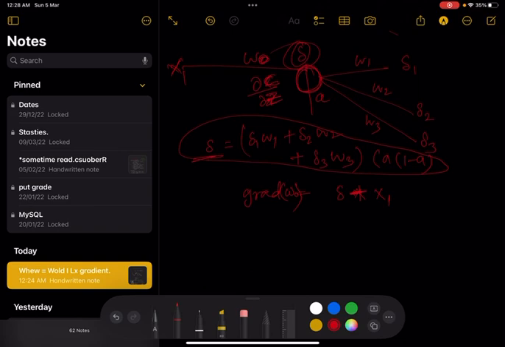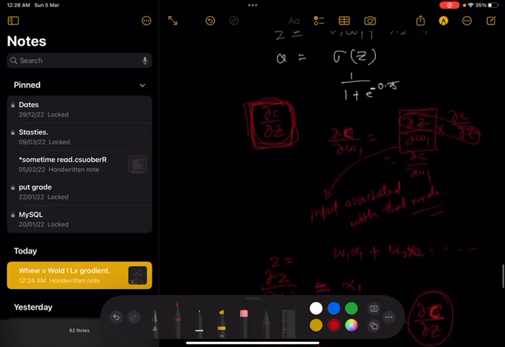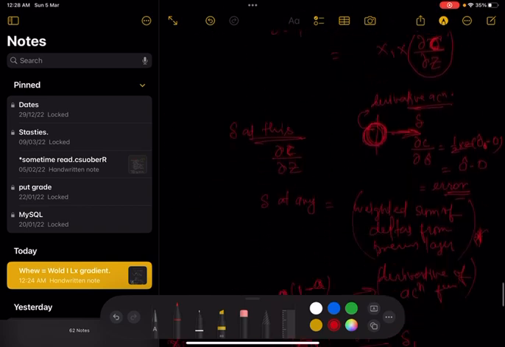Now we can update this w naught. So w naught will be w naught minus alpha times this gradient. So we can update this weight in this fashion.